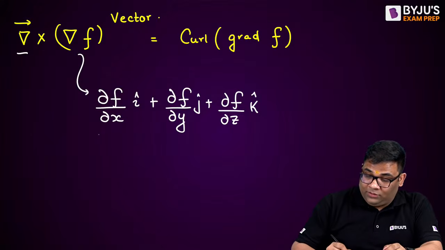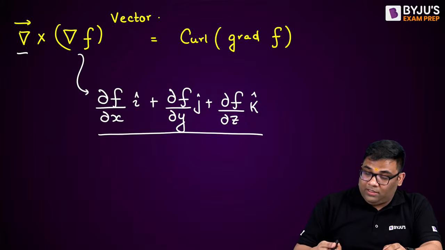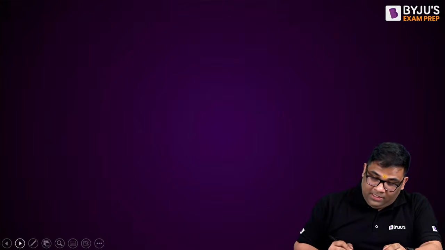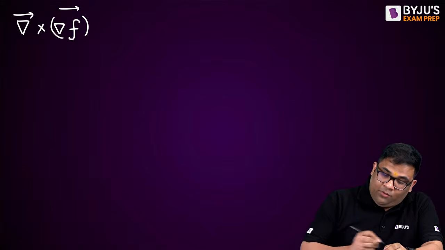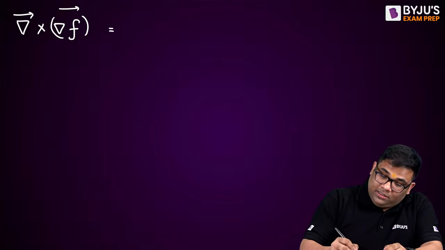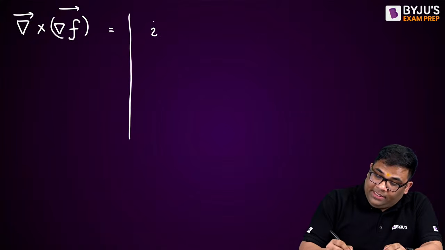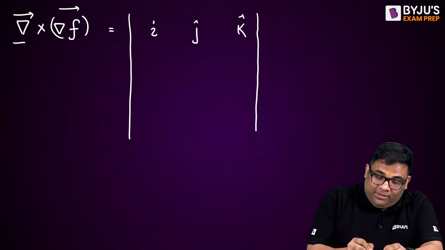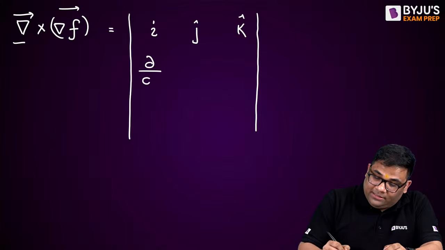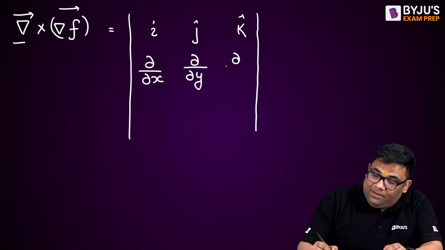Curl of this one. This is also a vector now. So I'll find out the curl. i, j, k. First I'll write out the del operator: del by del x, del by del y, del by del z.